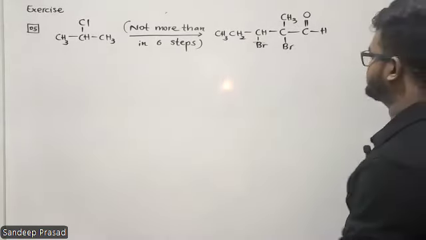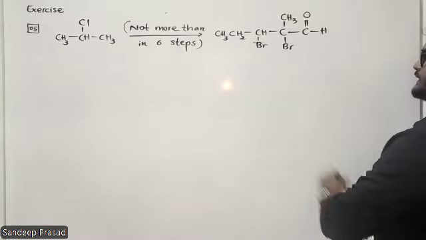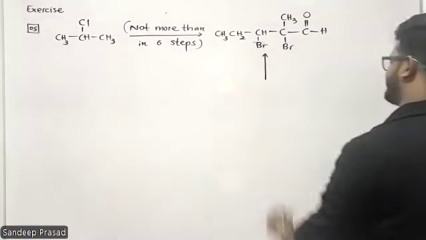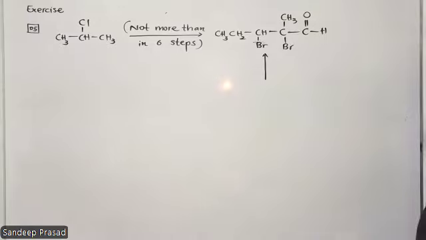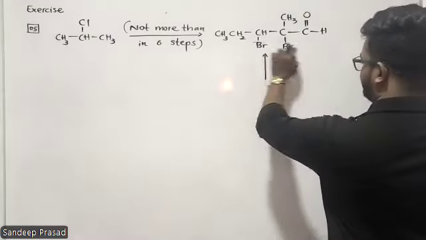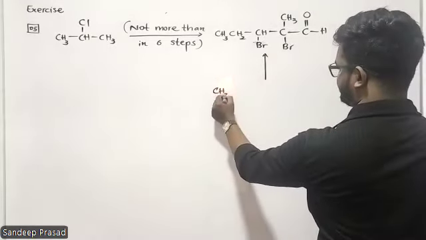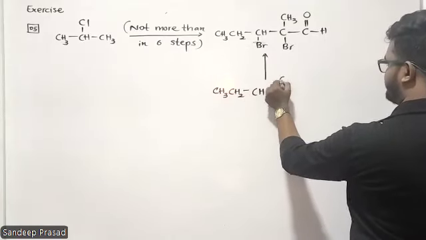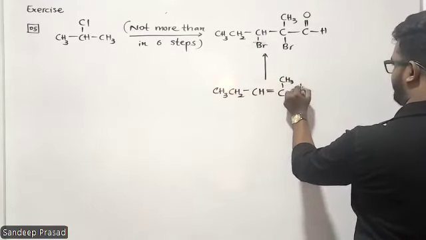Now, students, as you can see here, you can decide what is the last step. Why? Two bromine atoms are connected. So therefore, definitely this one should be a double bond. C double bond OH.